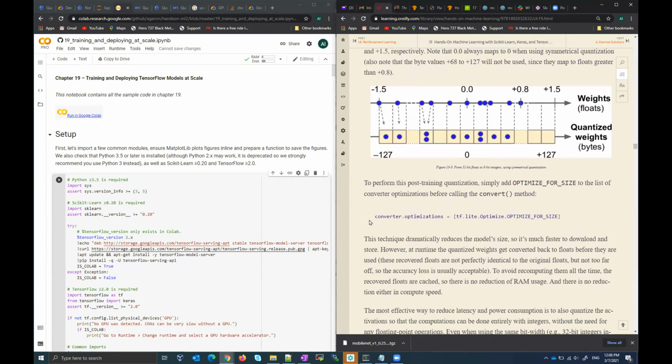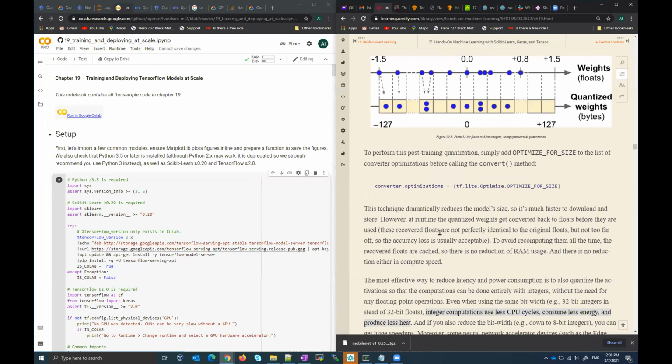And then there are commands to make this optimization take place. Okay, and this reduces the model size, and it's faster to download and use, and spares some space in the device.